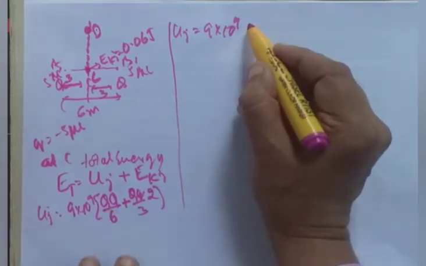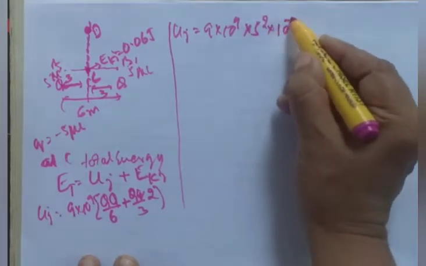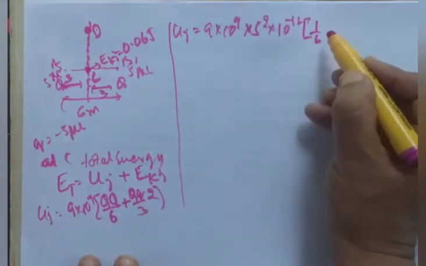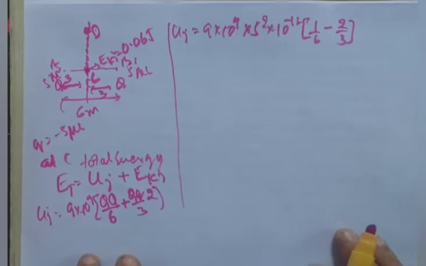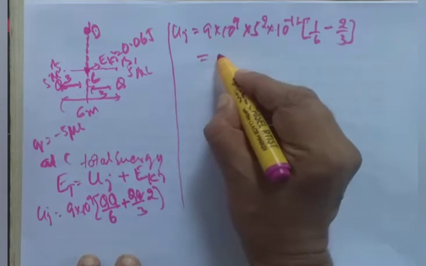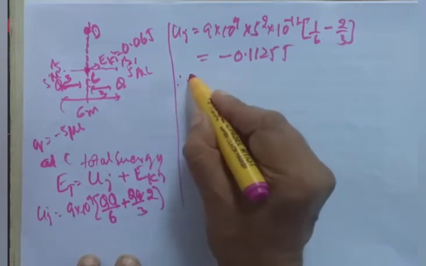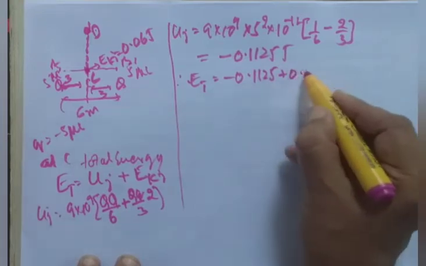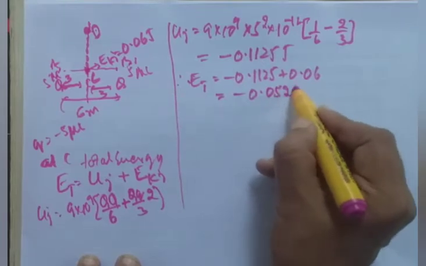Observe, all the Q are 5, so we can take 5 square into 10 raised to minus 12 because micro is there, and I am left with 1 by 6 minus 2 by 3. Why minus? Q is minus, small q is minus. So this initial potential energy, after simplifying, we get minus 0.1125 joules. Therefore, total energy ET equals minus 0.1125 plus 0.06 kinetic energy, which amounts to minus 0.0525 joules.